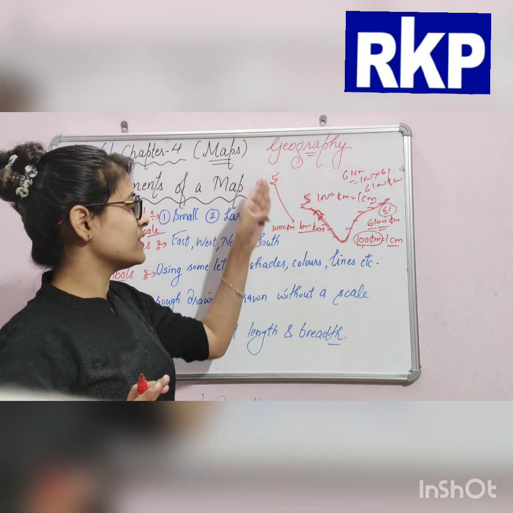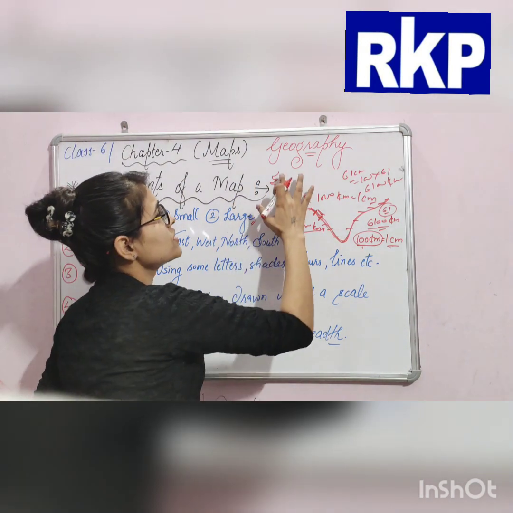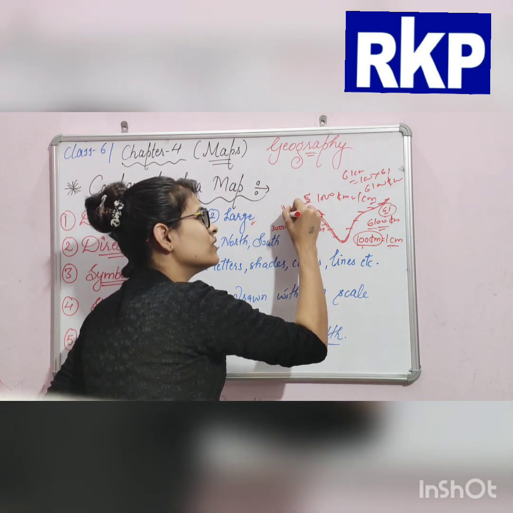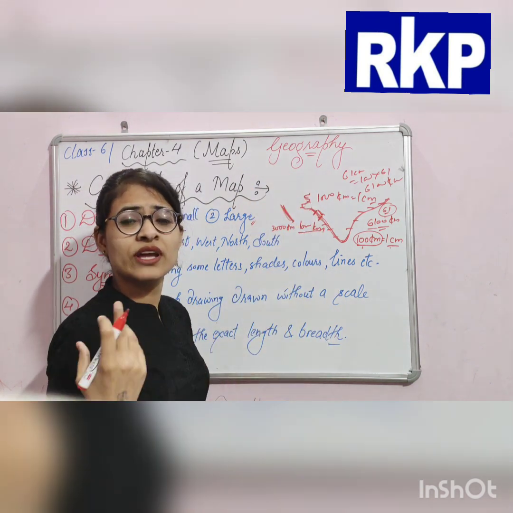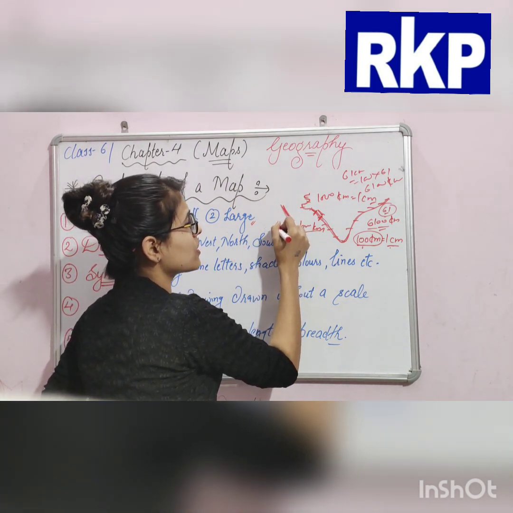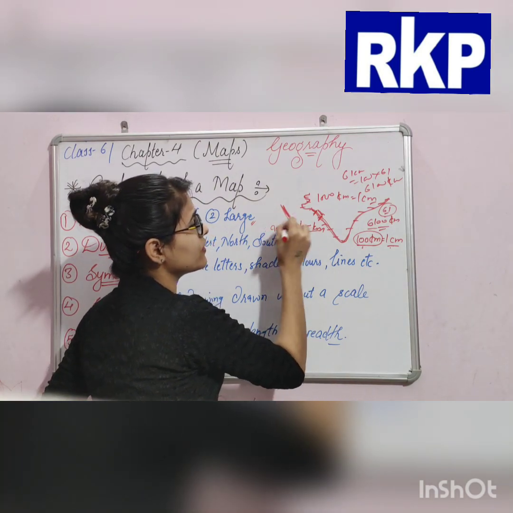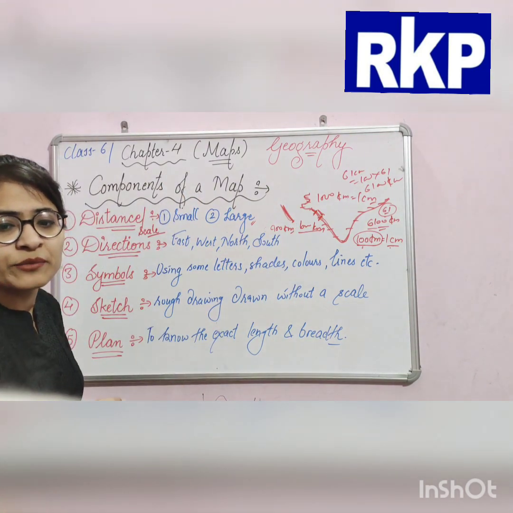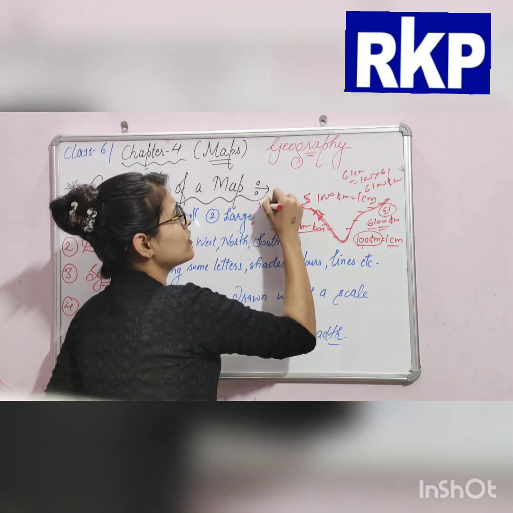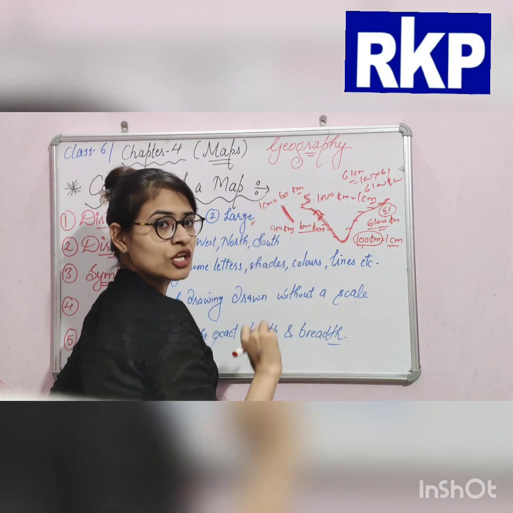Or we can say, if we are discussing the coastline in Kerala only, if its length is around 900 kilometers, it means we will take 1 centimeter equal to 100 kilometers.